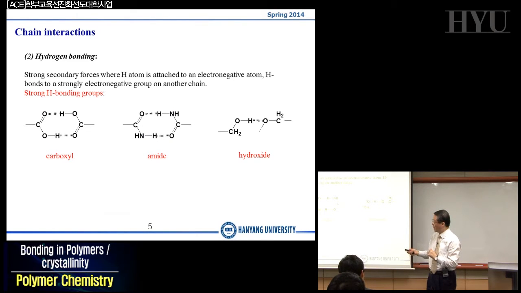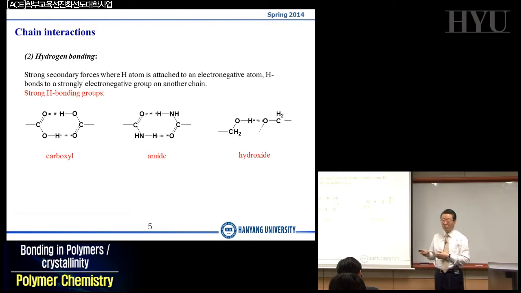So carboxylic acid, if you do not have any hydrogen bonding, the carbonyl appears around maybe 1710 or 1720. But if your carbonyl appears at 1680, you can find that this should have hydrogen bonding and so on. So if you have hydrogen bonding, always your frequency will move to the lower frequency level. Same as the amide group as well.